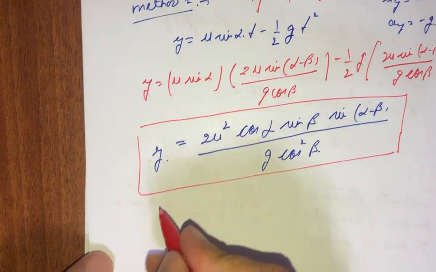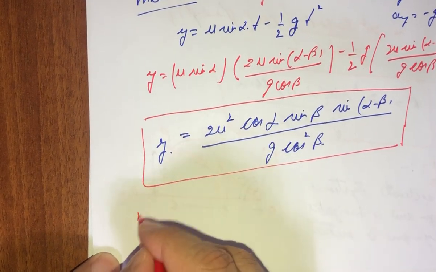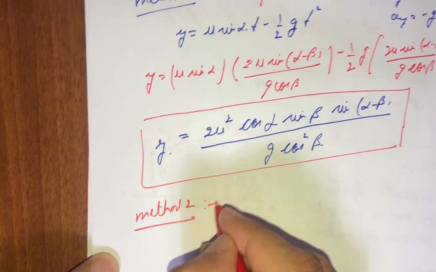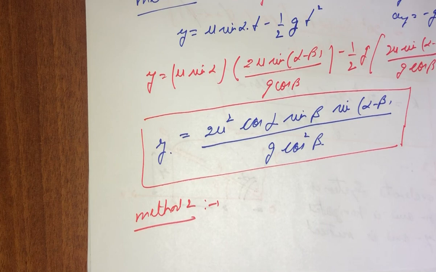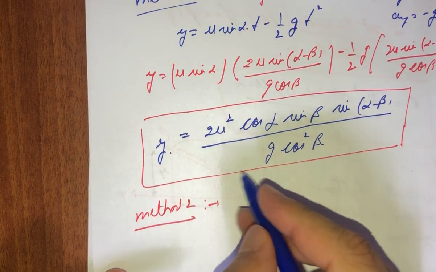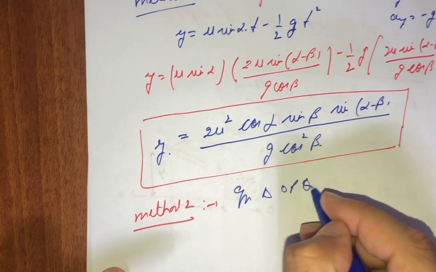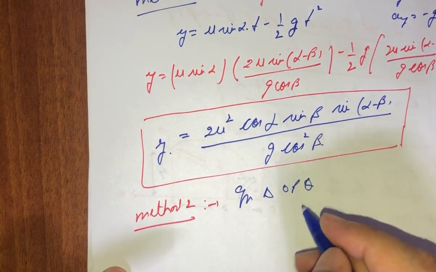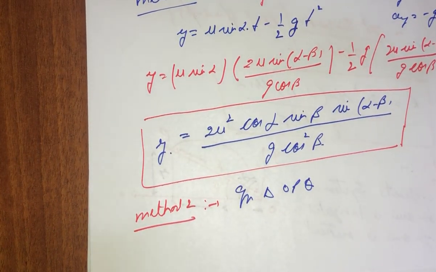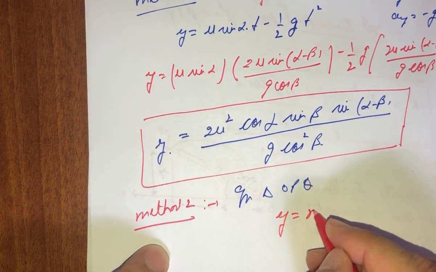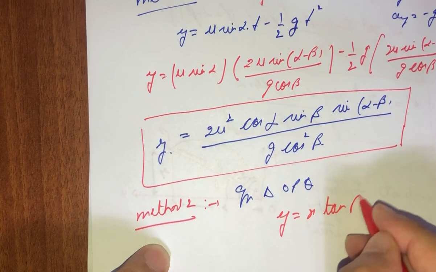Now we are going to solve the same thing by using method 2. In this case, we directly make use of a triangle. So we can say that in triangle OPQ, y is equal to x tangent of beta.